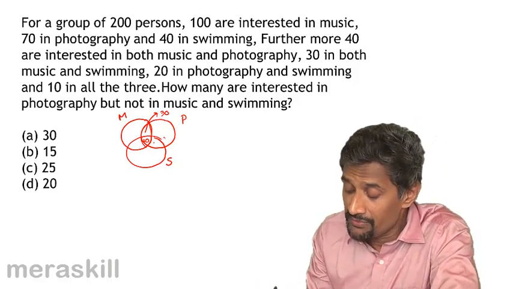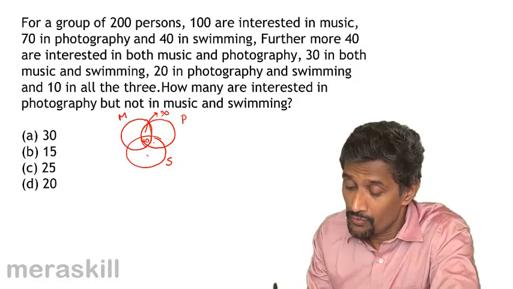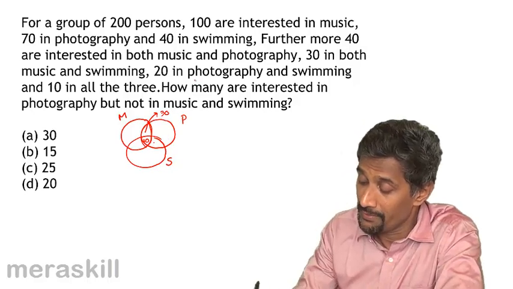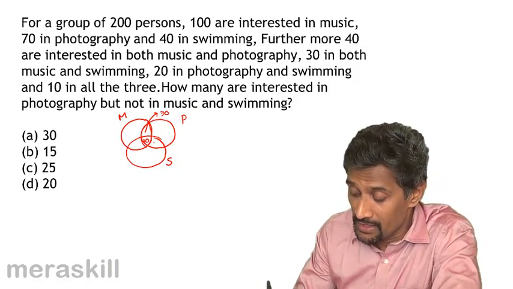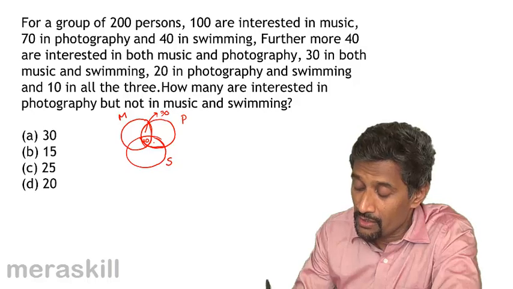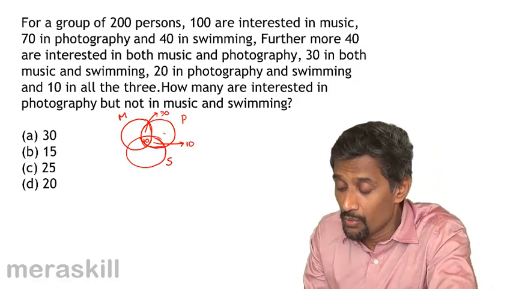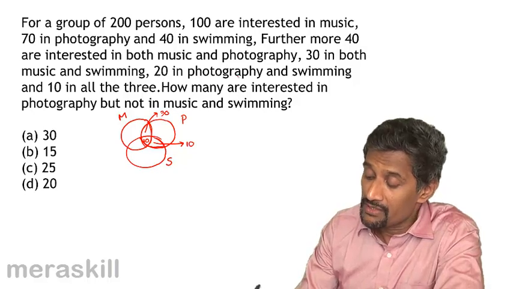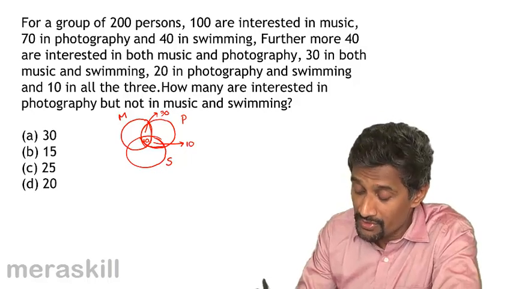Then the number interested in photography and swimming: there are 20 interested in photography and swimming, out of which 10 are also interested in music. So only 10 are interested in both photography and swimming, since the 20 includes the ones who are also interested in music.